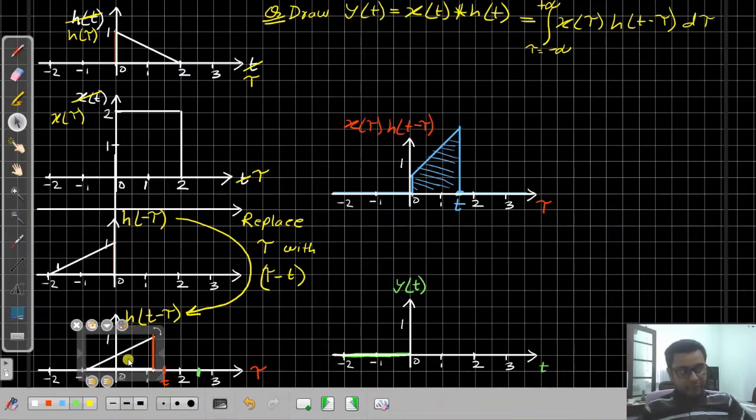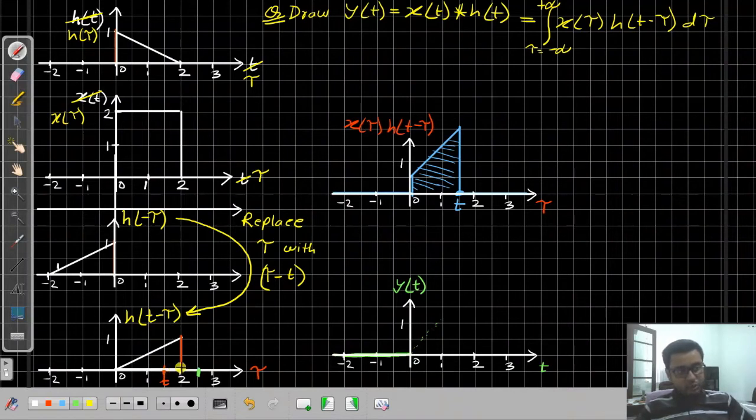So the overlap between this and x(tau) will increase. So the area under the product of h(t minus tau) and x(tau) will increase. So as time increases, output y will increase. Okay, so output will increase like this.